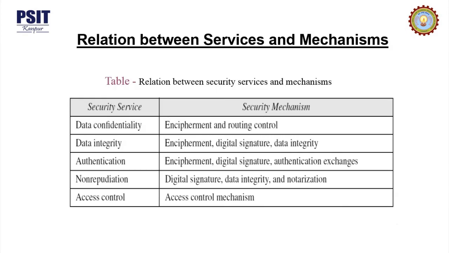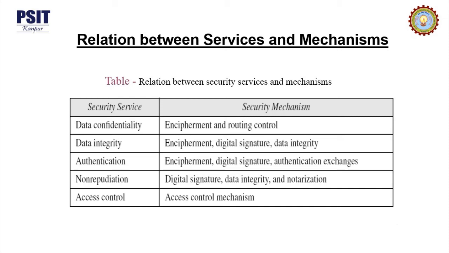The given table shows the relationship between security services and security mechanisms. As we can see, data confidentiality can be achieved by encipherment and routing control. Data integrity can be achieved by encipherment, digital signatures, and data integrity mechanisms. To provide authentication, we require encipherment, digital signature, and authentication exchange mechanisms. For the non-repudiation service, digital signatures, data integrity, and notarization are required.